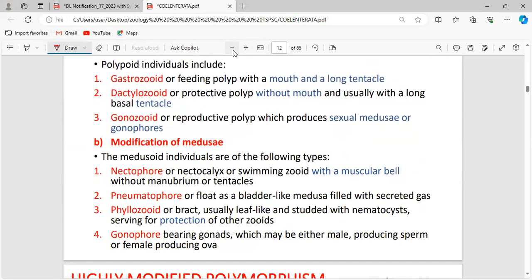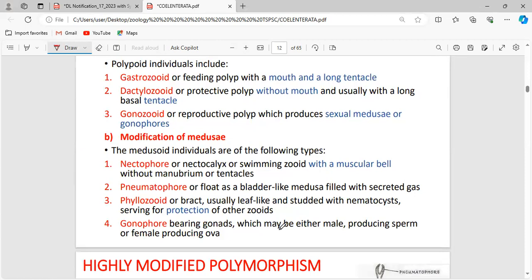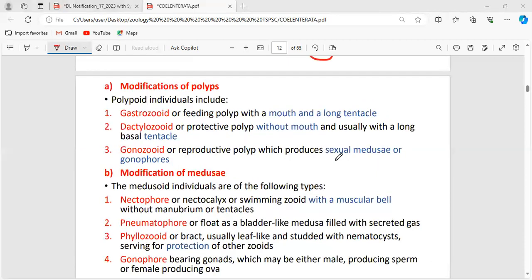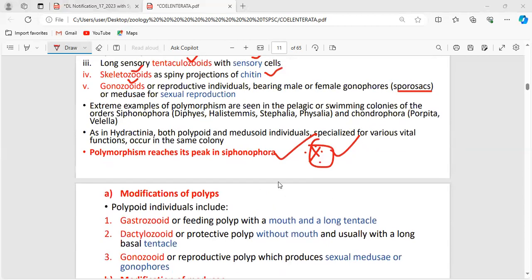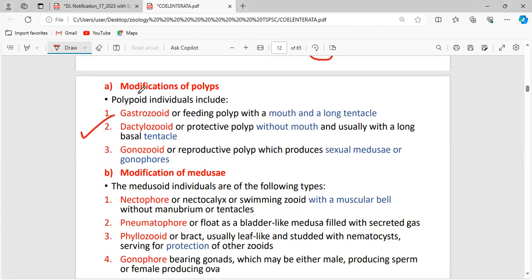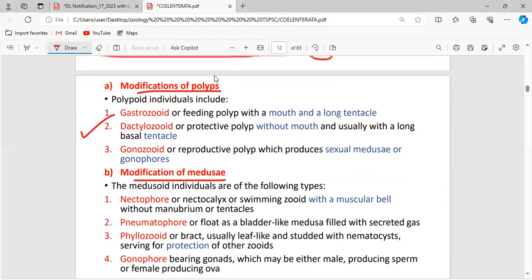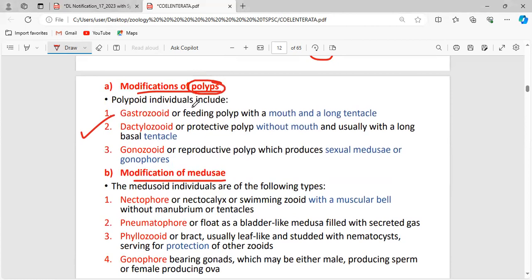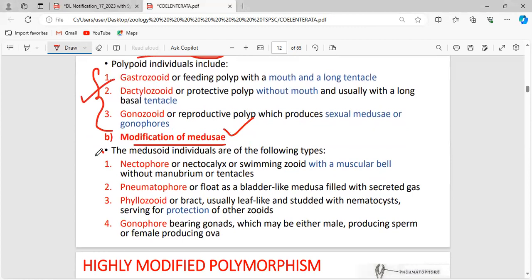Now, see, Shanti Karanya, if you have any doubts regarding the gonophores and gonozooids, let me clear it once again. Modification of polyps and modification of medusa. Polyps can be modified into these three types. The medusa can be modified into these four types. See, here it is gonozooid, here it is gonophore.